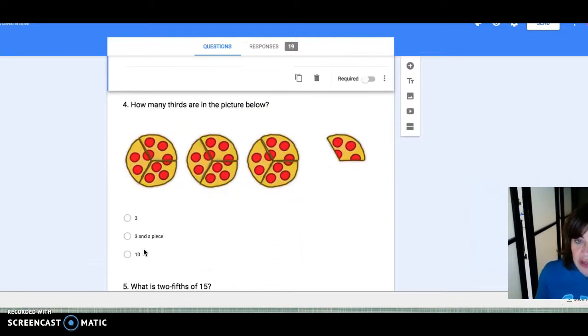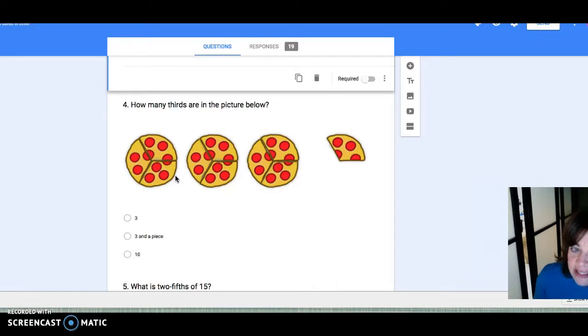How many thirds are in the picture below? Well, I know that this pizza is divided into thirds because I see 3 parts. So my whole is divided into 3, which means that we're talking about thirds. If it was divided into 2, we would be talking about, I hope you're thinking, halves.